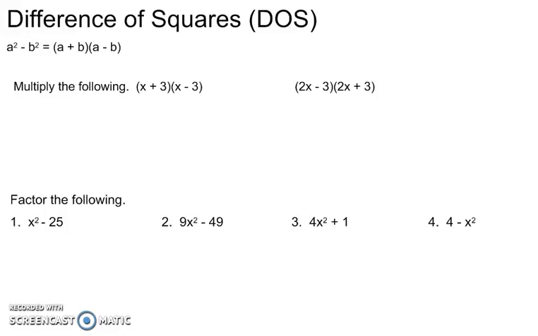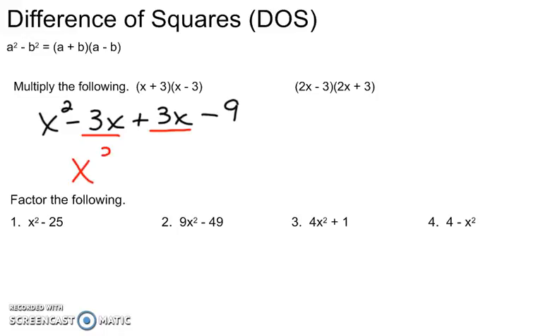If we FOIL this, we'll get x squared minus 3x plus 3x minus 9. So combining the terms, negative 3x plus 3x is 0. So our product is going to be x squared minus 9.